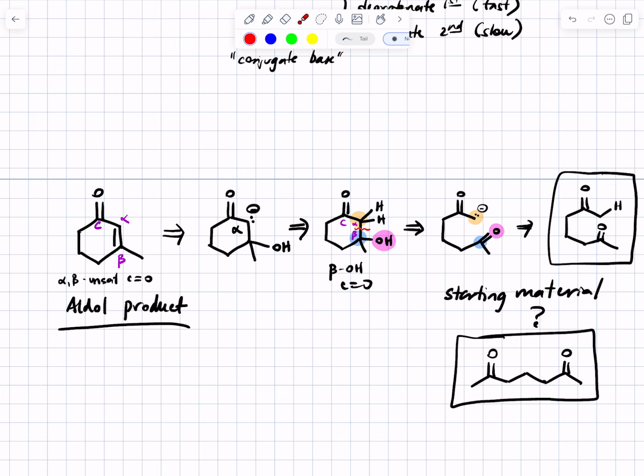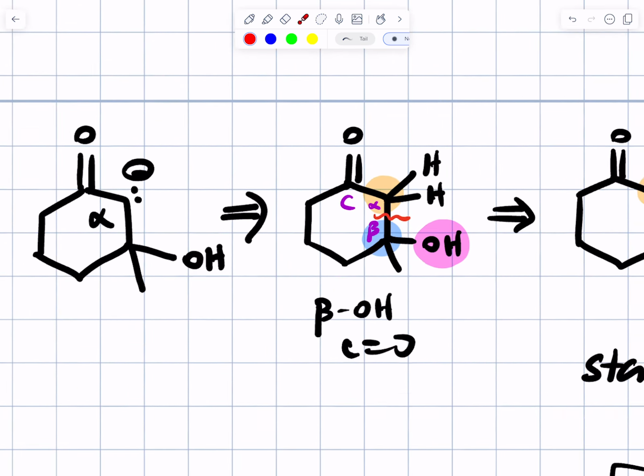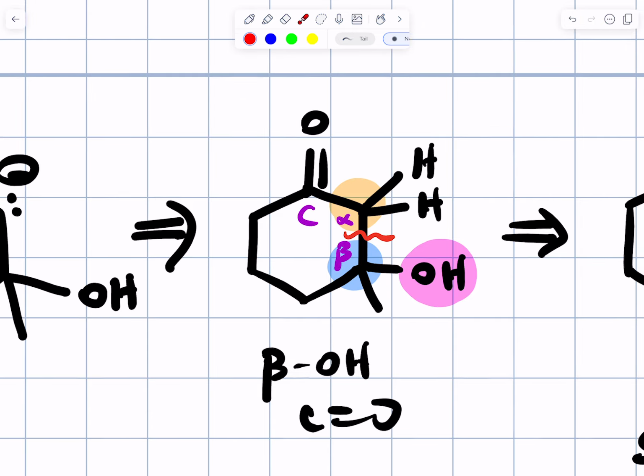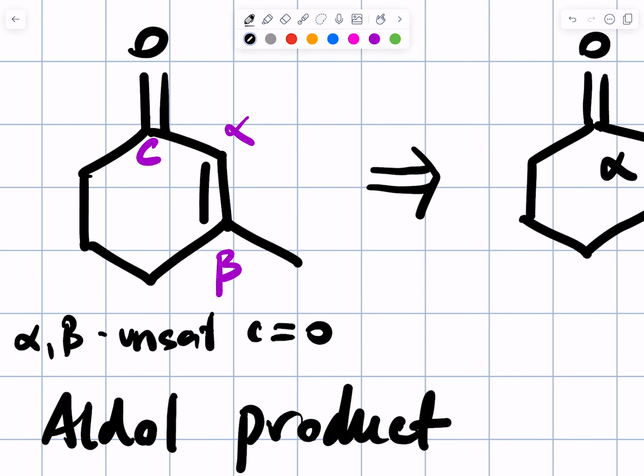Now, we've gone through this step by step backwards, but you can use a similar approach, and the real key came when we were at this beta hydroxycarbonyl compound intermediate, where we had previously worked through which carbon used to be the enolate, which carbon used to be the electrophile. You can do the same with the alpha-beta unsaturated carbonyl compound.